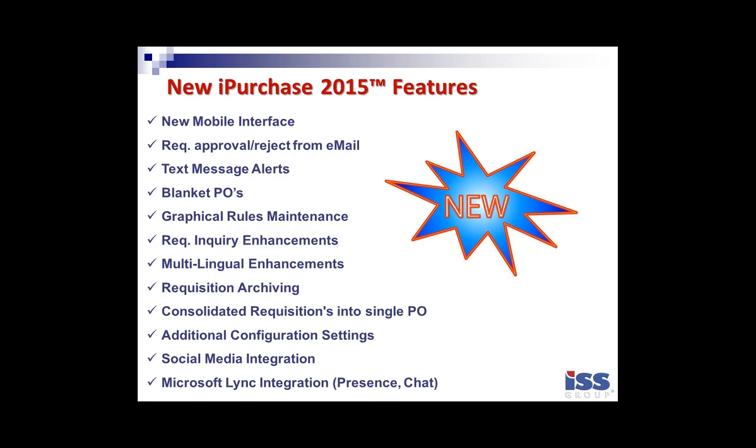That's been a requirement that's been asked of us for a number of years now, to be able to combine requisitions into a single PO so the supplier only has to make one shipment and you, the end user, save on freight costs. A whole bunch of additional configuration settings. We now interface with social media, and we also are interfacing with Microsoft Lync, if any of you use Microsoft Lync, for presence and instant messaging chat.